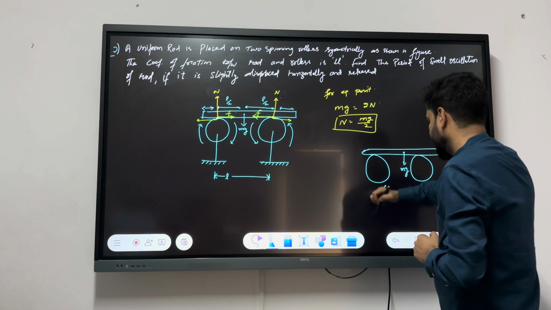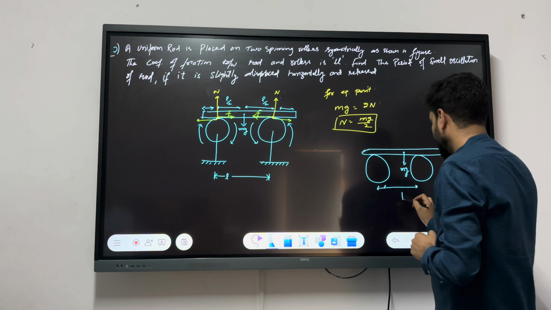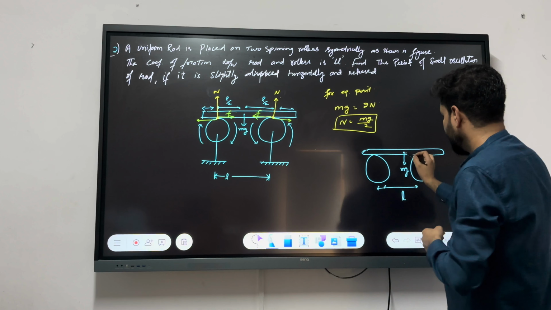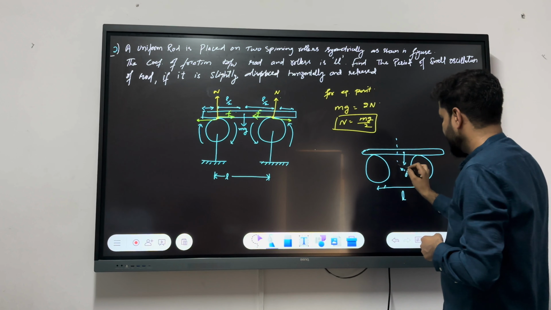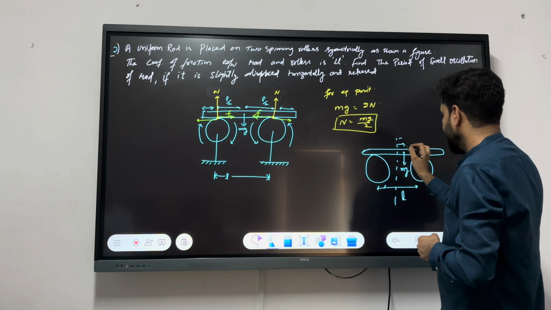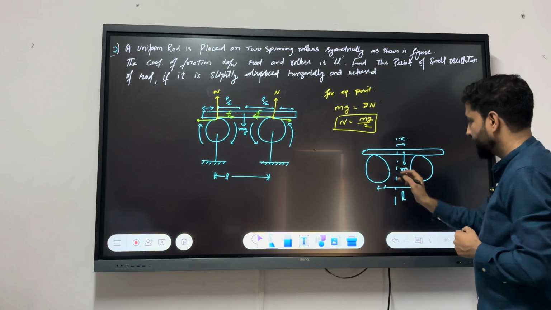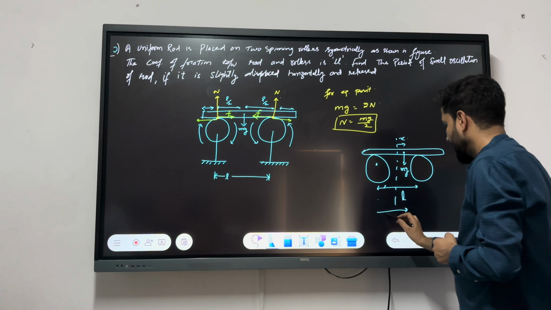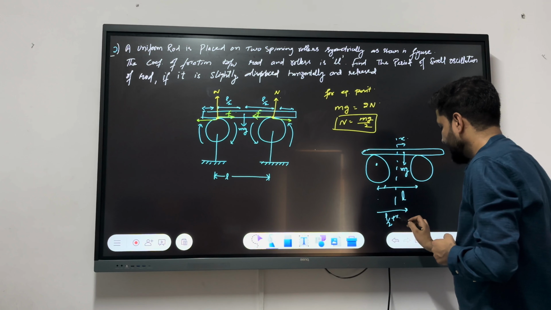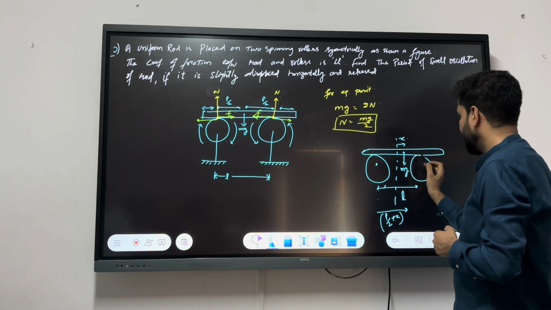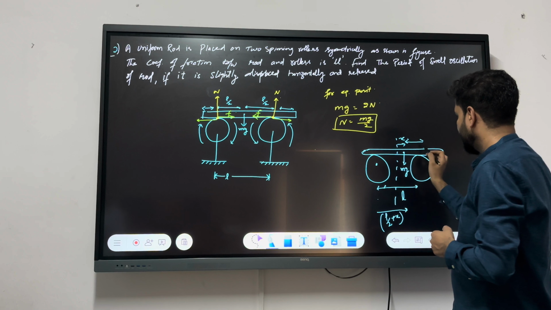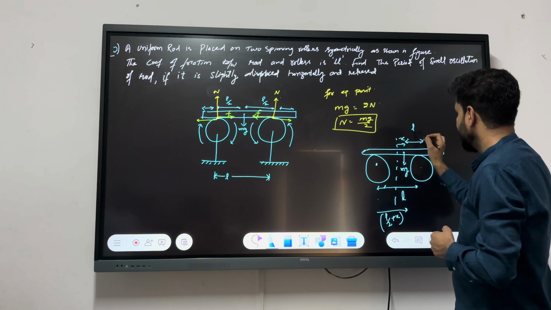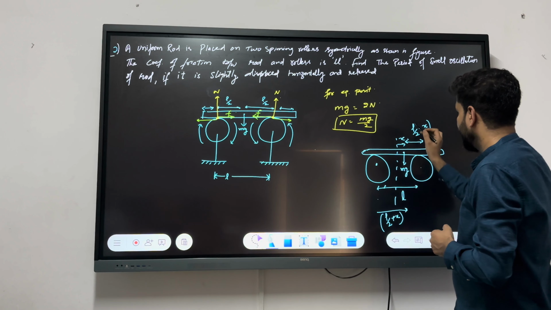This distance is L, but this is not L by 2 now. We have displaced it by a distance of x. So from this point, this distance will be L by 2 plus x, and from this center, this distance is L by 2 minus x.